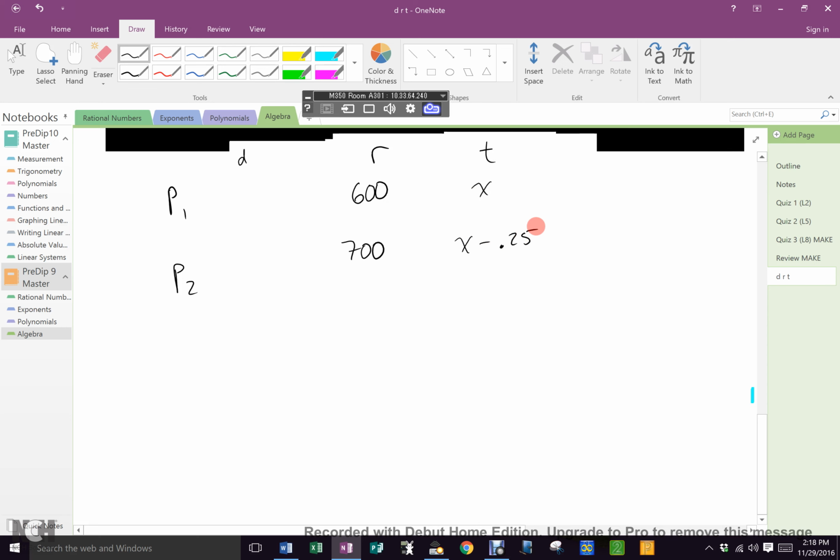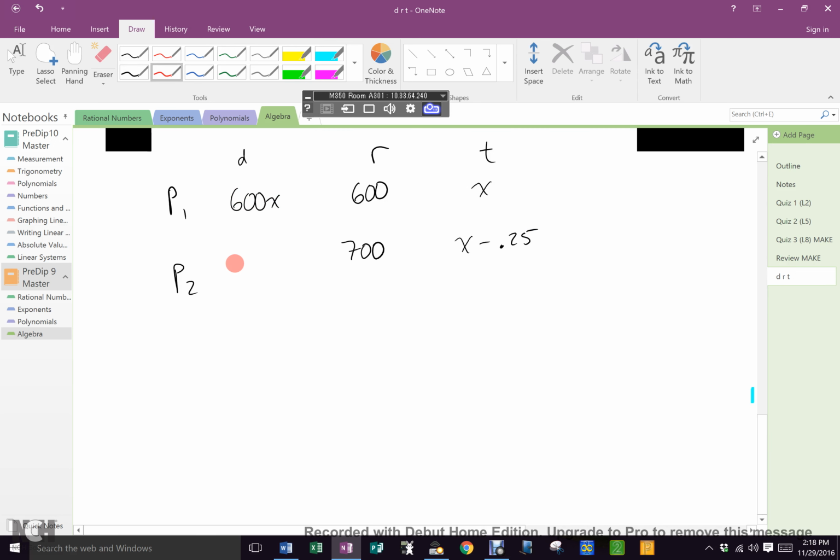Okay. What else do I need? When they catch up, the distances are what? They're equal, right? So what's this guy's distance? 600 times x.